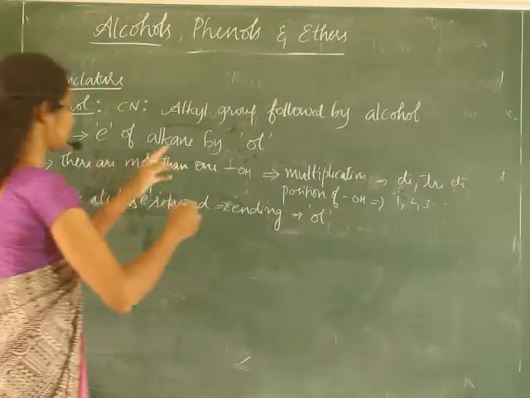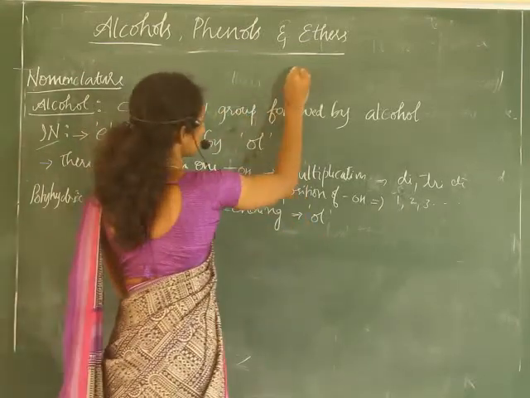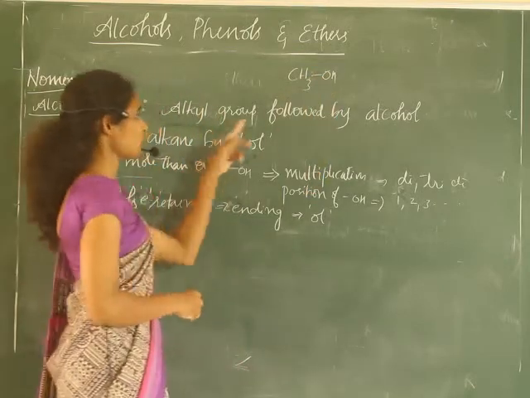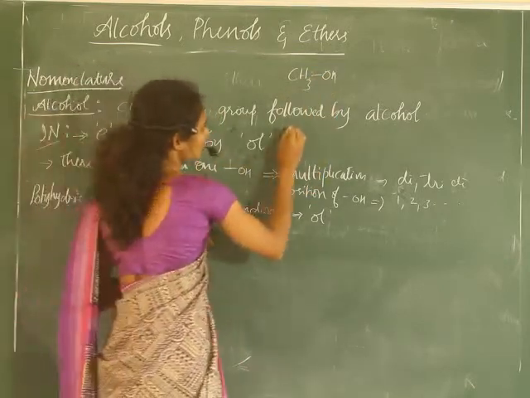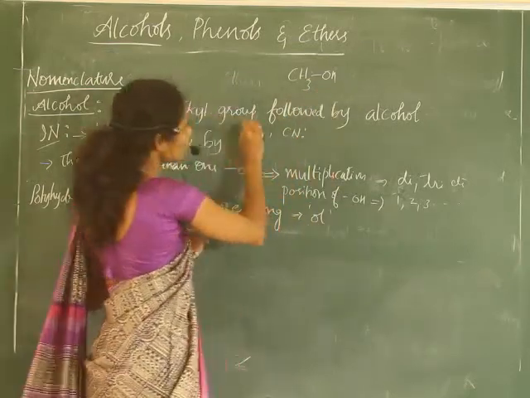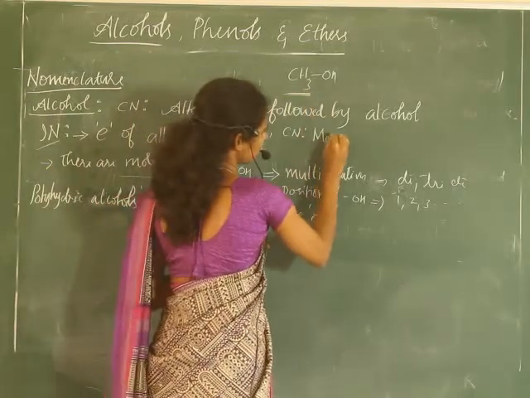For example, I'll take the simplest, that is CH3OH. In the common system of nomenclature, we name this compound as the alkyl group followed by alcohol. Which alkyl group is present here? Methyl group, right?